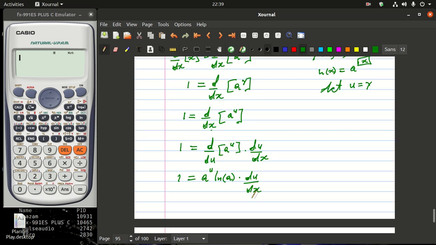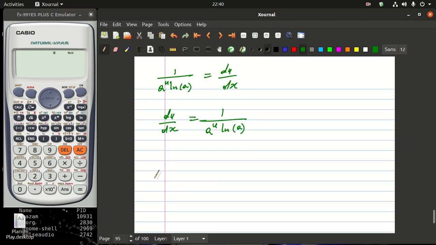So now what was my u? My u was actually y. So here I actually have dy dx, which is just the same as 1 over a to the power y. Here I have my y there, and then I have my ln of a. And then this one here, dy dx, this is just the same as f prime of x.